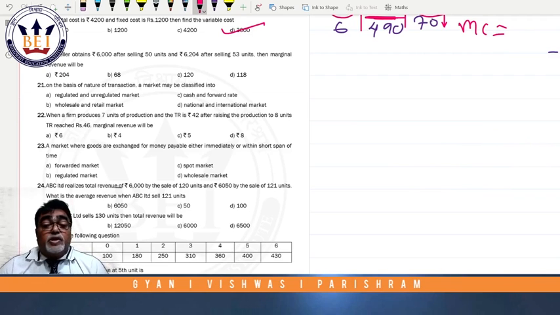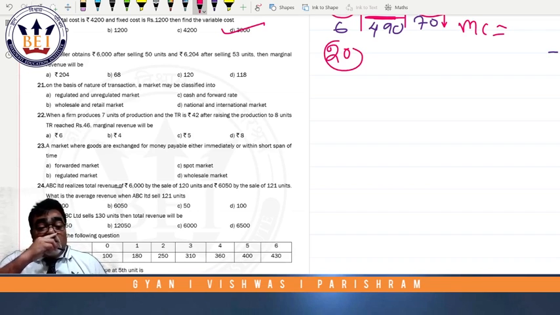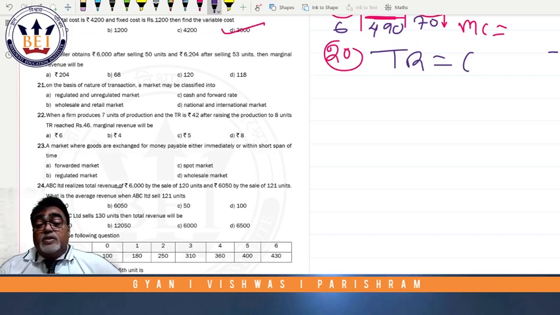Question number 20. If a seller obtains 6,000 after selling 50 units. What to produce means production. How to produce means cost. For whom to produce means revenue. When a seller obtains this, obviously 6,000 is total revenue.